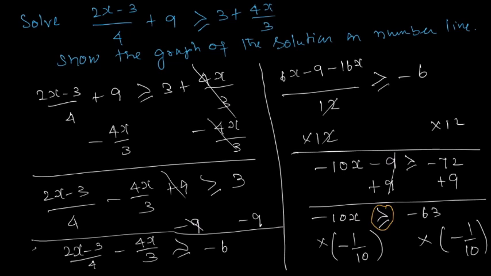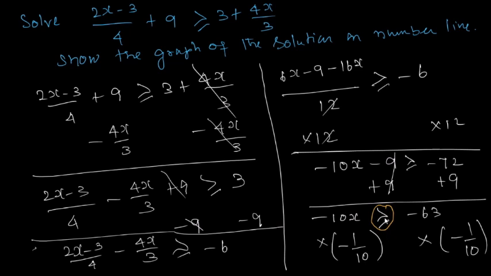So x is less than or equal to, the sign is changed here. Are you able to follow? And this is minus and minus, plus, so 63 by 10. So x is less than or equal to 63 by 10, you can leave it as such.